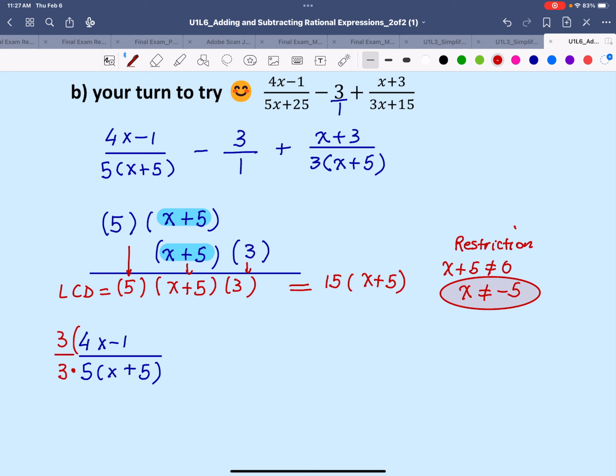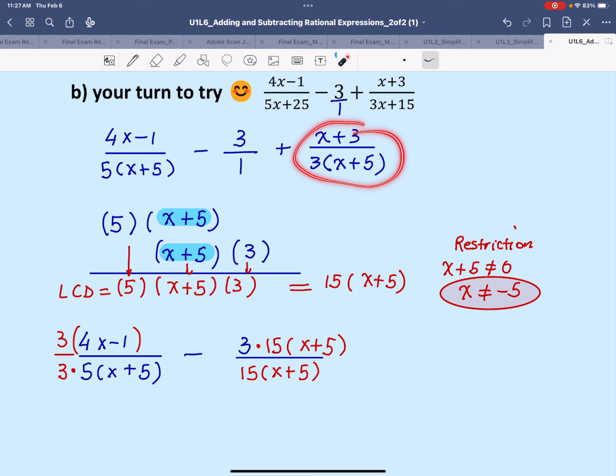Since you have a binomial in the numerator, be sure that the binomial stays in brackets, and every term in the binomial this way will multiply by 3. Then we have minus. Here we have a denominator of 1, which means that we need to make this denominator into a 15, x plus 5, and we'll multiply by 15 x plus 5, the numerator as well.